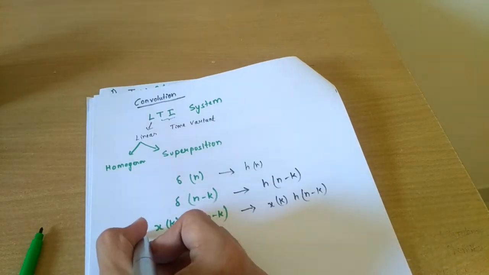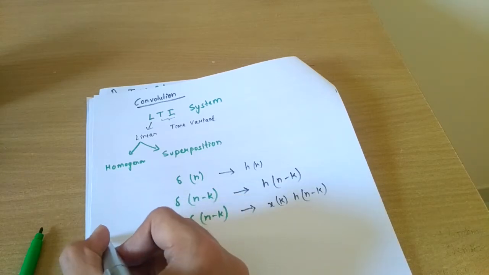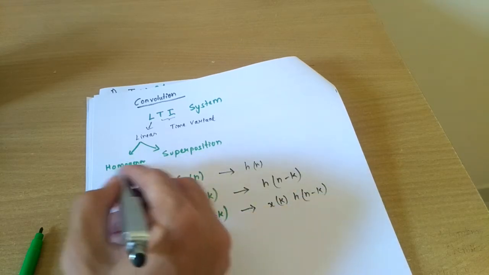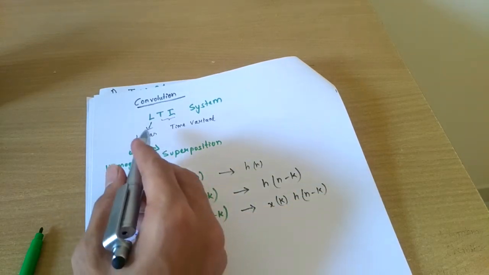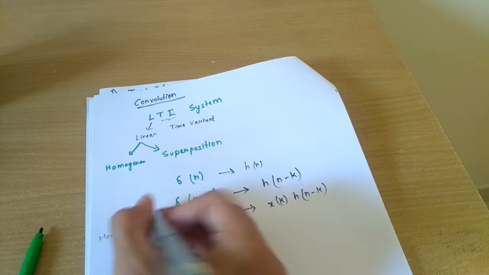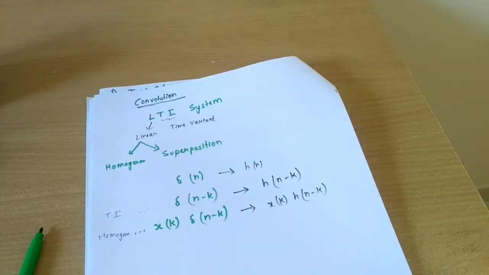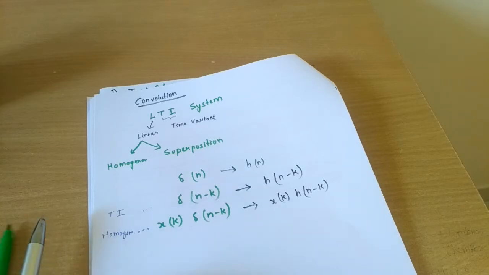This is because of homogeneity, which is one of the properties to satisfy linearity, and this is because of time invariance, because our system is time invariant.